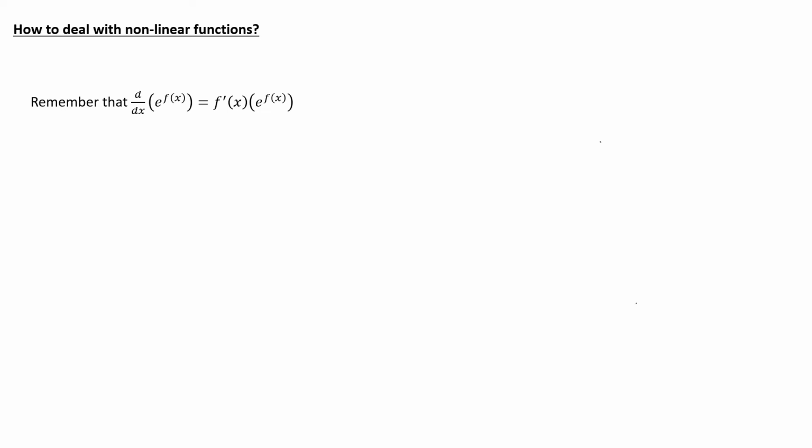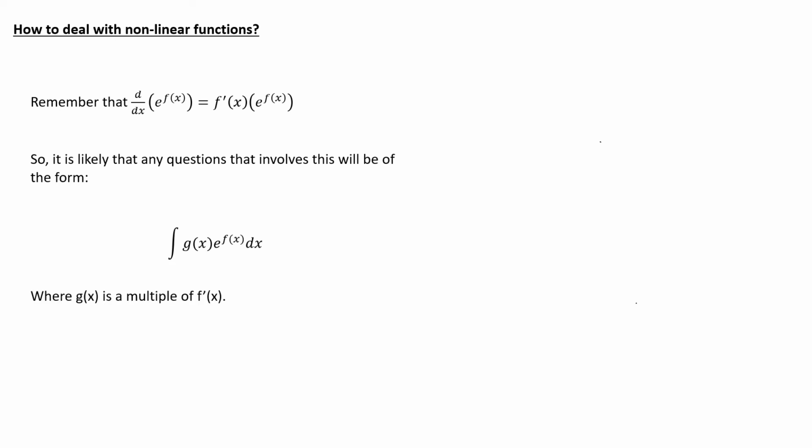That function in x doesn't change as a power ever. So the questions that you're going to meet, if they're nonlinear functions, will always be of the form some function in x multiplied by e to some different function x, but it's a related function. Now g of x will be a multiple of f dashed x.